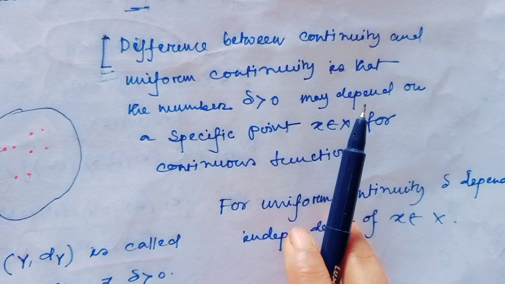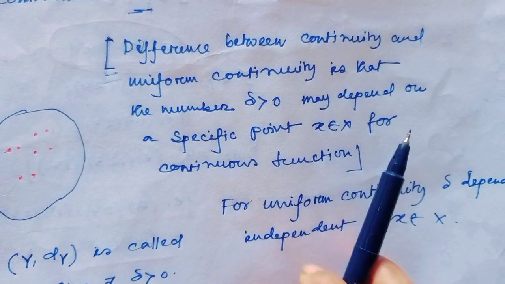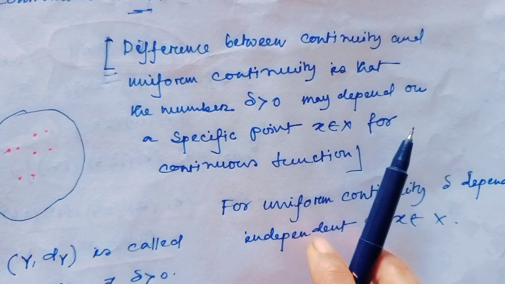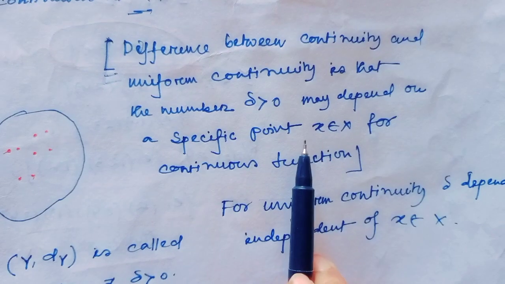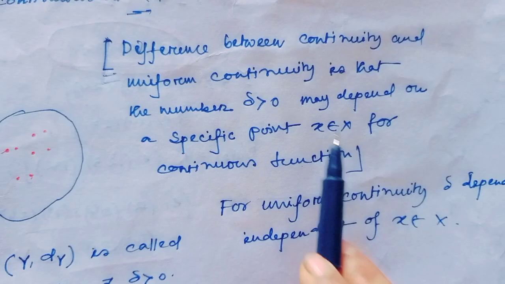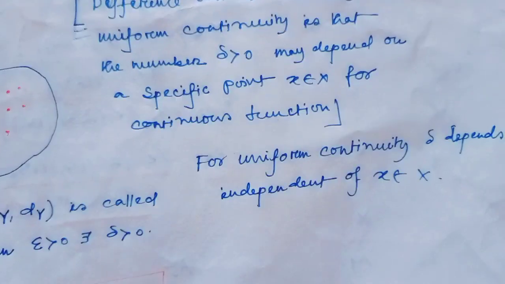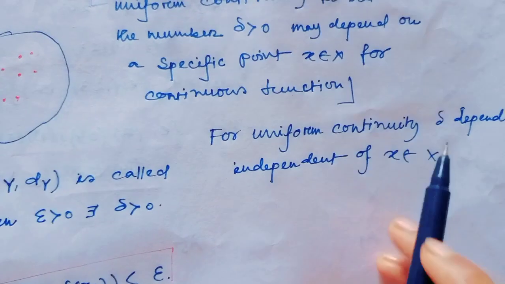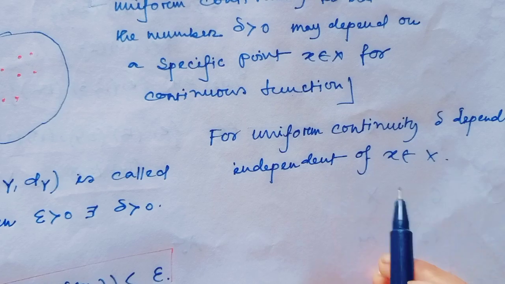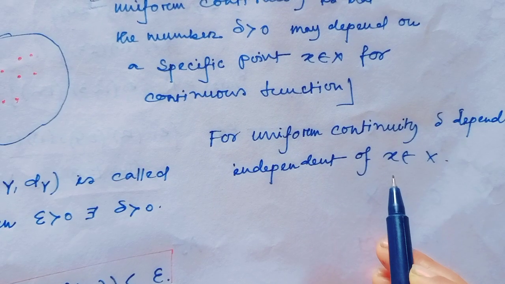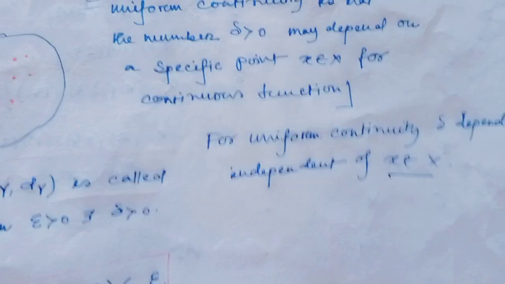In continuity, delta may depend on a specific point x in S for a continuous function. But for uniform continuity, delta is independent of x.